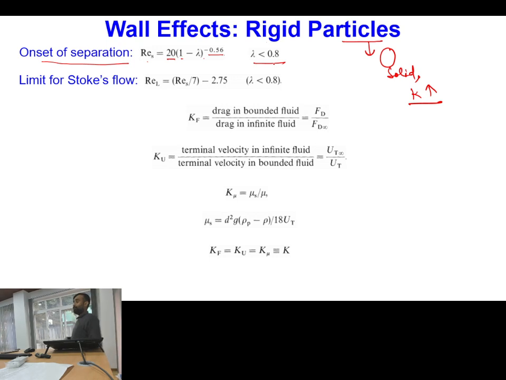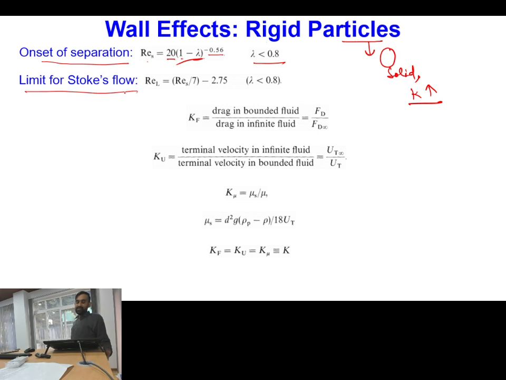We all know when we were having a spherical particle, we said that flow separation will start appearing at Reynolds number close to 20. But in this case, this flow separation will be affected by the value of lambda. So onset of flow separation is now a function of lambda as well. Then the second point is the limit for Stokes flow.